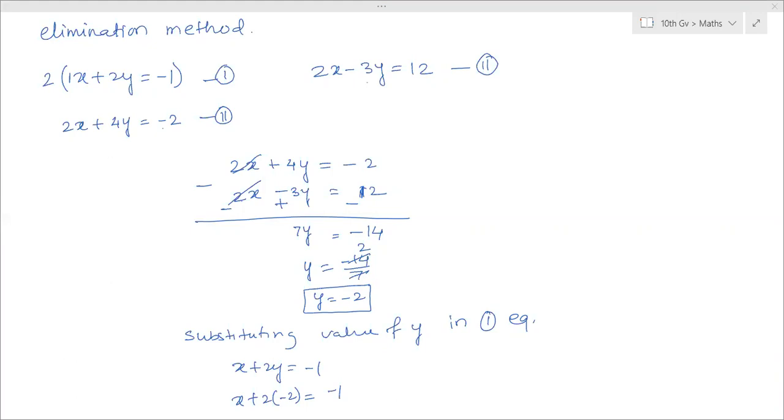And there are word problems based on this. Ma'am, done. Everyone completed? Yes, ma'am.